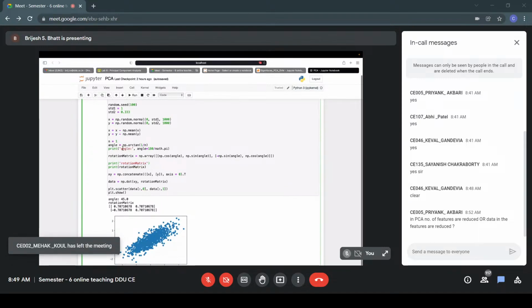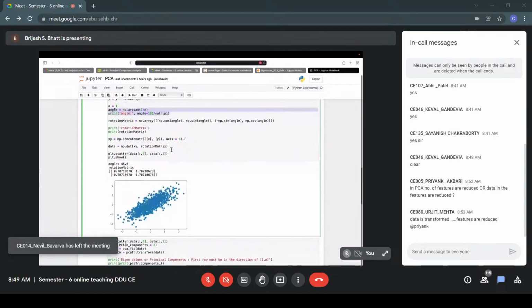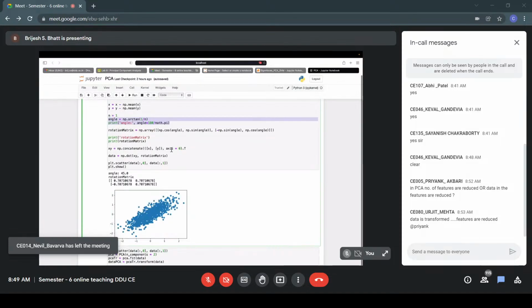Here there is one example of rotation where the angle is calculated as np.arctan of 1 by n, the arc tangent of 1 by n, that we have calculated here to see how rotation is done. But in our example, the rotation is along the principal axis. So we see the rotation angle between the actual axis and the principal axis.